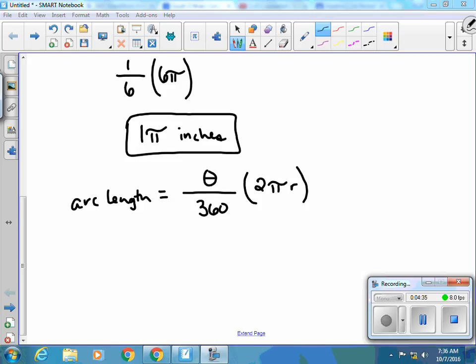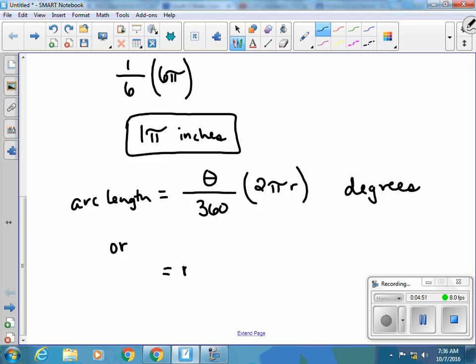If you notice though, this is based on degrees. If you wanted to make it even easier, you could simplify this and convert to radians. If you convert it to radians, it's your radius times theta.